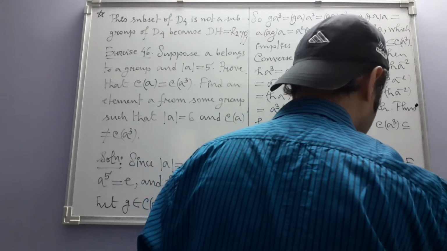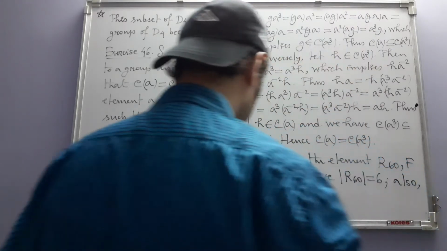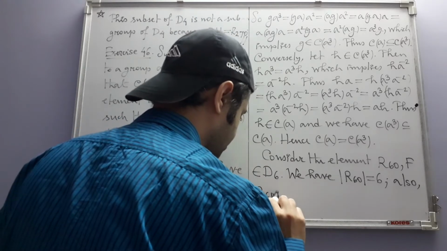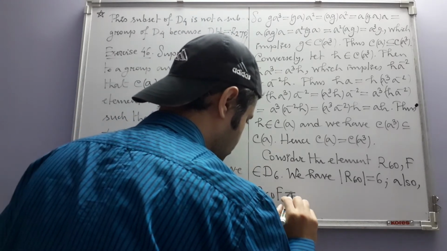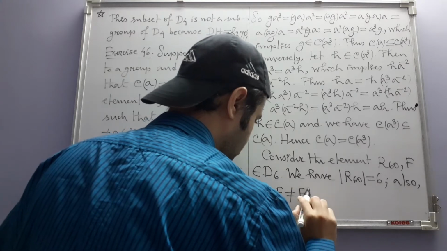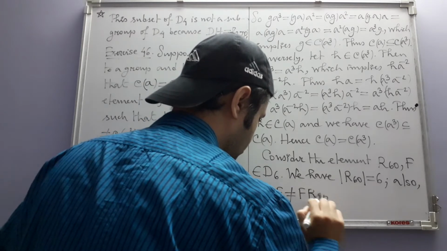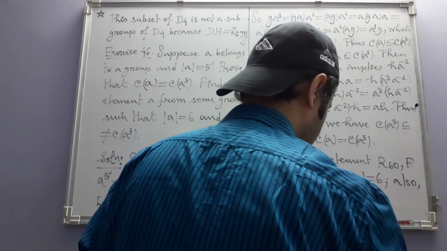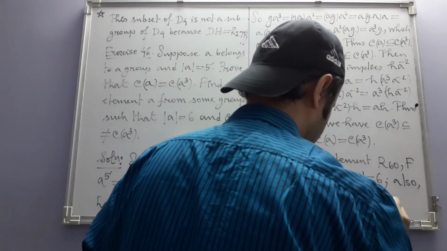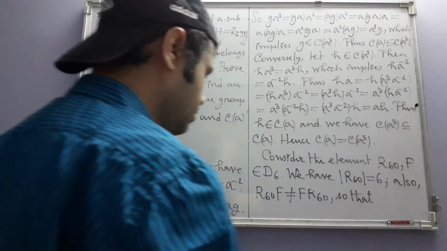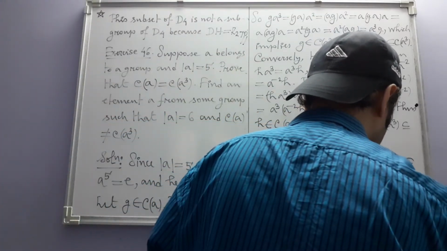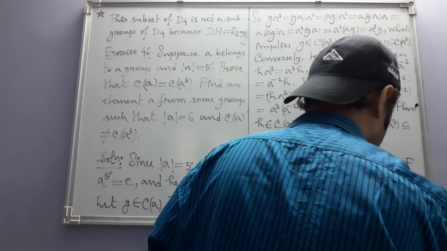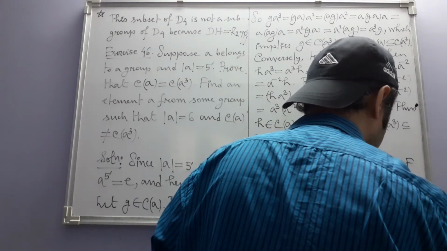Also, R60 does not commute with F. So that F does not belong to the centralizer of R60, I mean CR60.